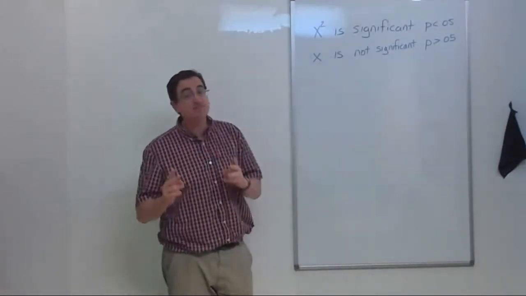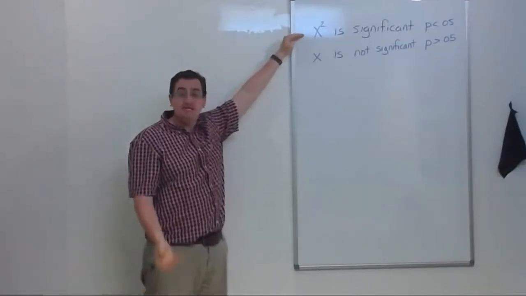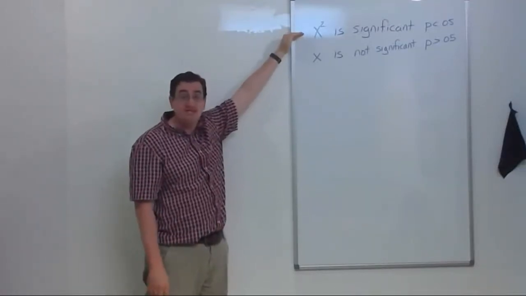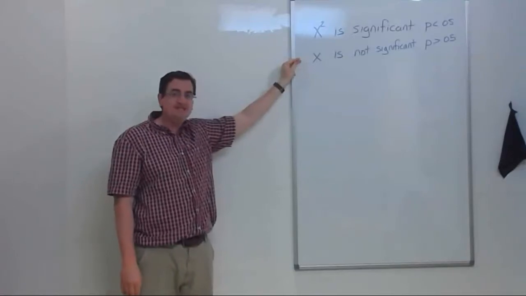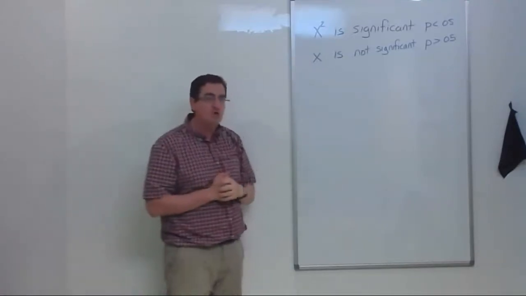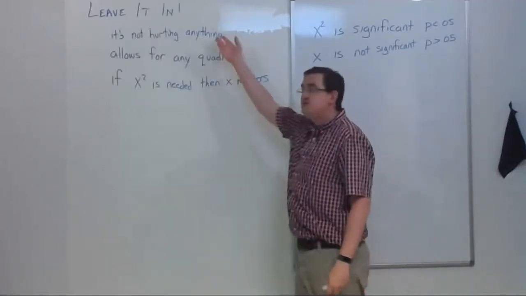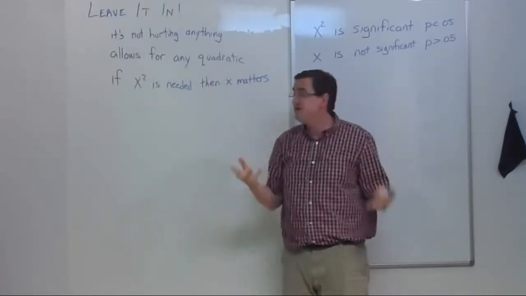There are still some places where you have a choice. For example, take the scenario where x squared is significant, but x is not significant. Should you leave this variable in the model or not? And there's a debate. Some people will say you should leave it in. It's not really hurting things.